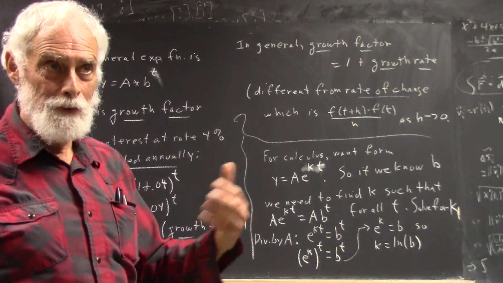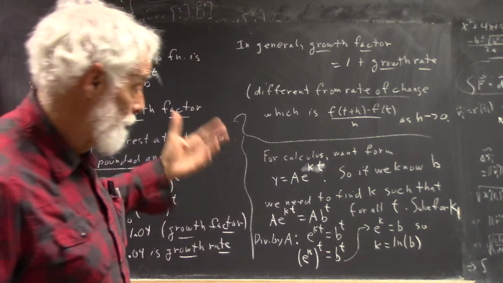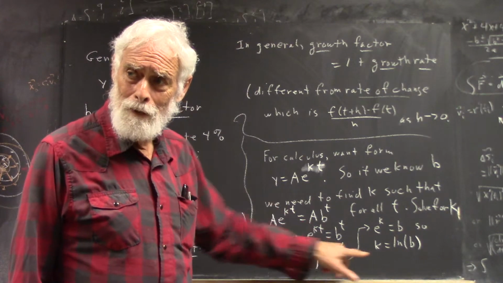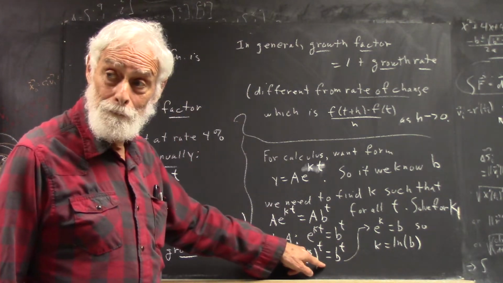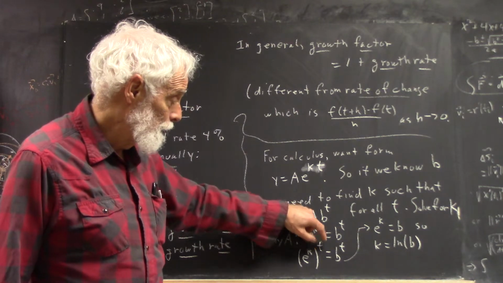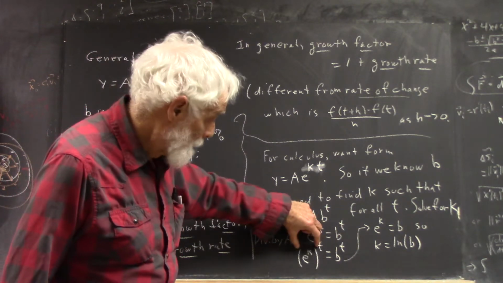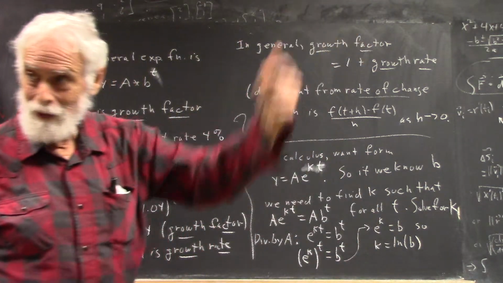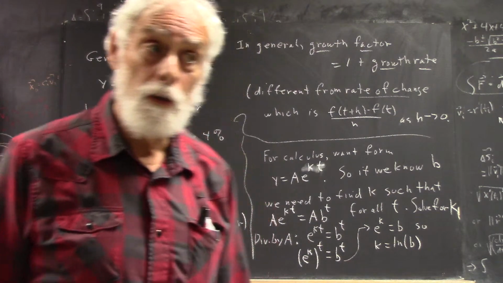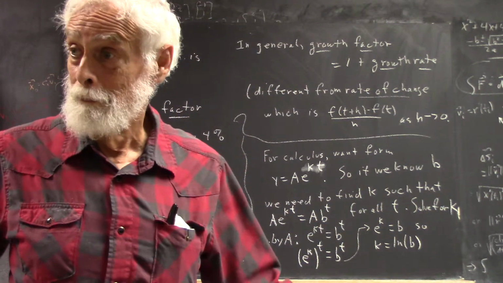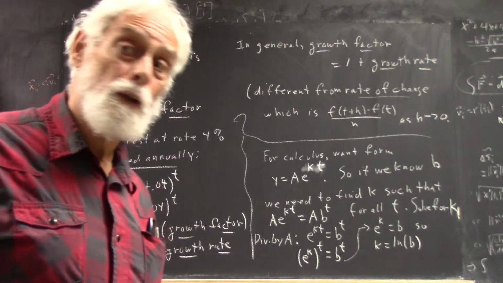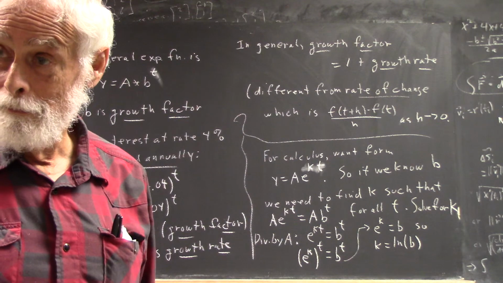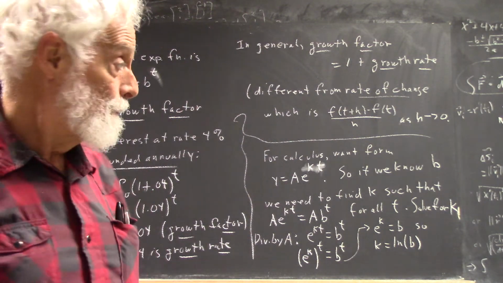It's almost a tautology. Understand what I'm saying? If something raised to the t equals something else raised to the t, that something better equal that something else. You get this immediately and then this instantly, because y'all are pretty good at changing between exponential and logarithmic form. I think everybody's doing quite well with that. Make sure you're really on top of it. Okay, fair enough? Okay, good.